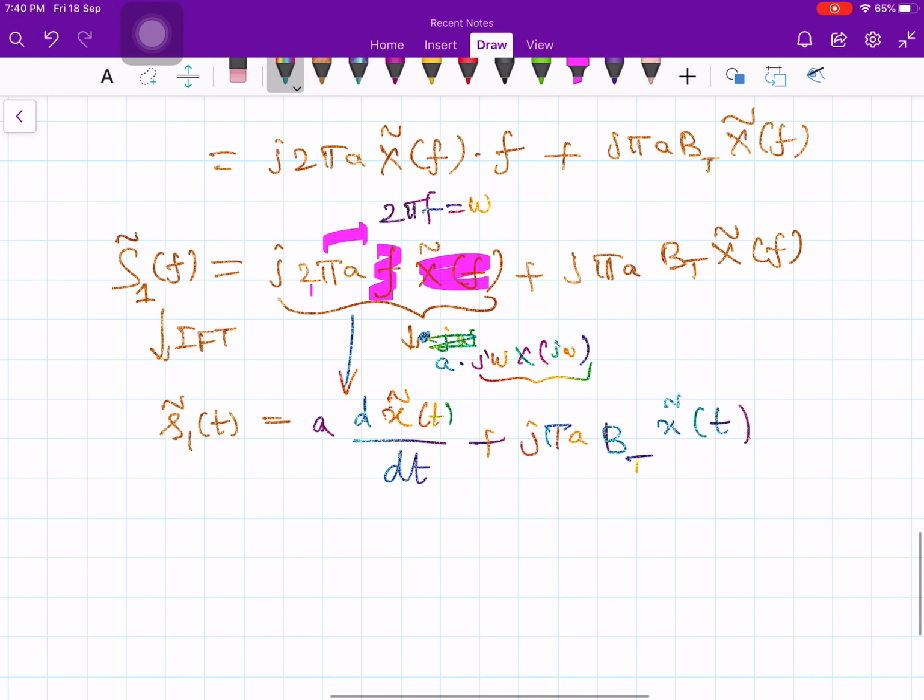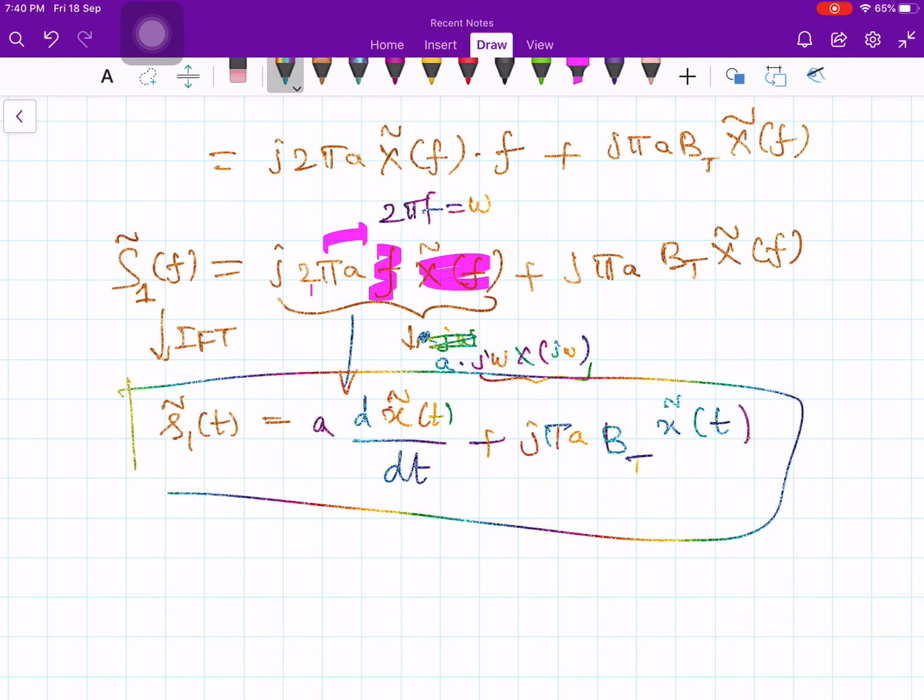Okay, so this is the corresponding time domain equation at the output of your bandpass filter. I have expressed the output in terms of the input. Input is differentiated once and added with another signal x tilde of t.